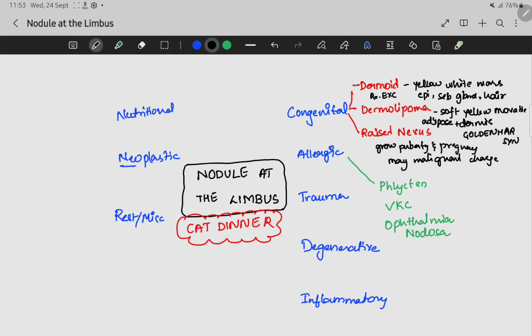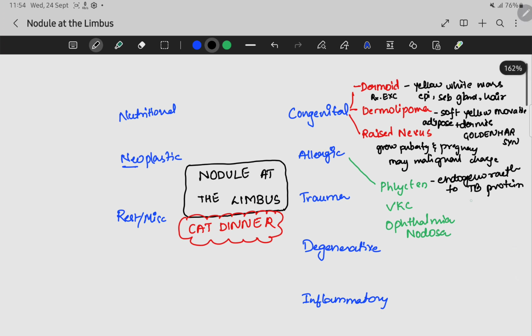So what is a phlycten? It is an endogenous reaction to tubercular protein. It is a pinkish white nodule which is surrounded by congestion, causes photophobia, lacrimation, and blepharospasm. It is treated by steroids and treatment of the cause.